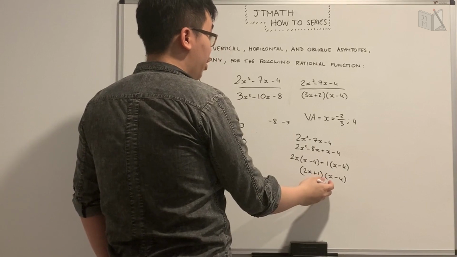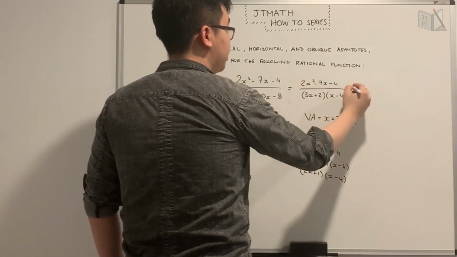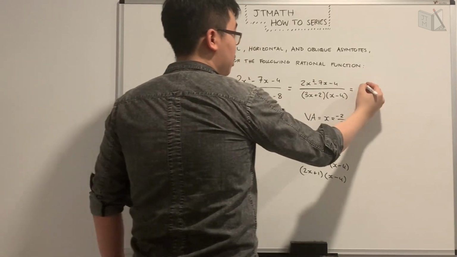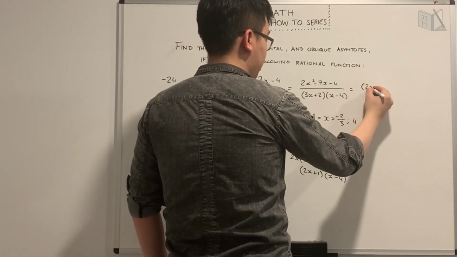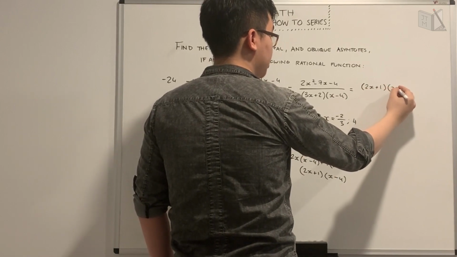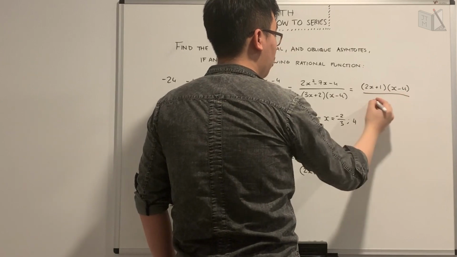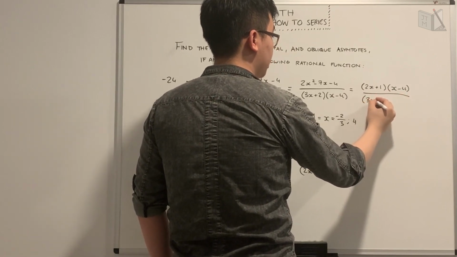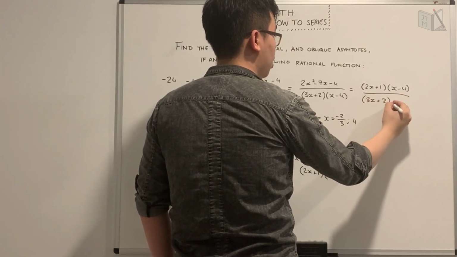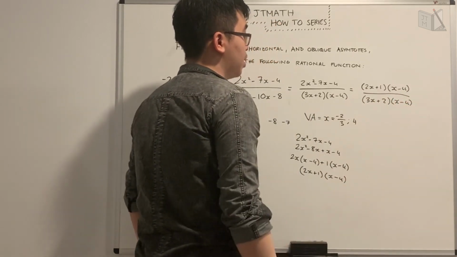So now let's rewrite this fraction with the factors that we now know. The numerator is going to be 2x plus 1 times x minus 4, over 3x plus 2 times x minus 4.